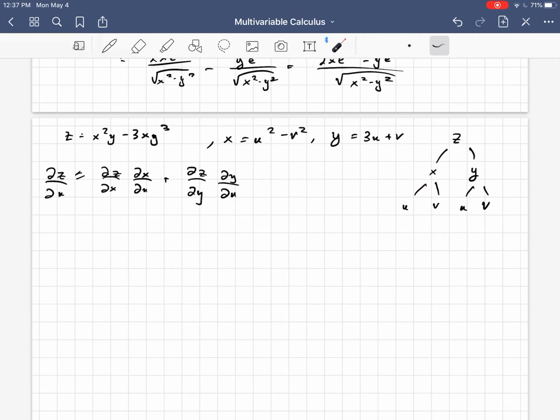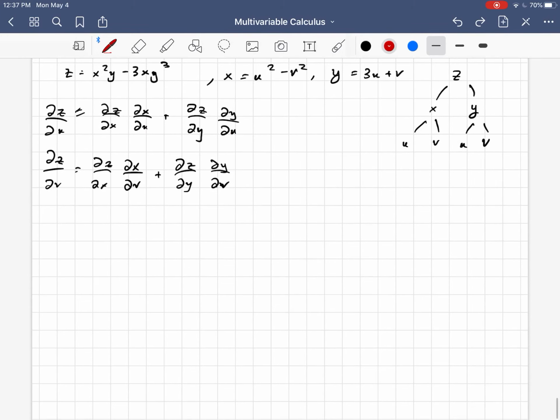And likewise, very similar logic, partial z with respect to v is partial z with respect to x times partial x with respect to v plus partial z with respect to y times partial y with respect to v. Literally all I did was replace the u with the v's here because it's the same tree diagram.